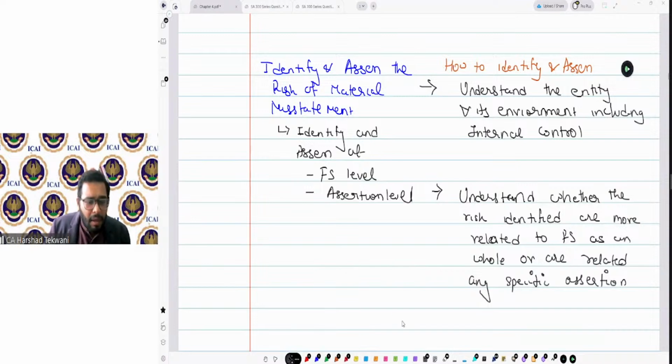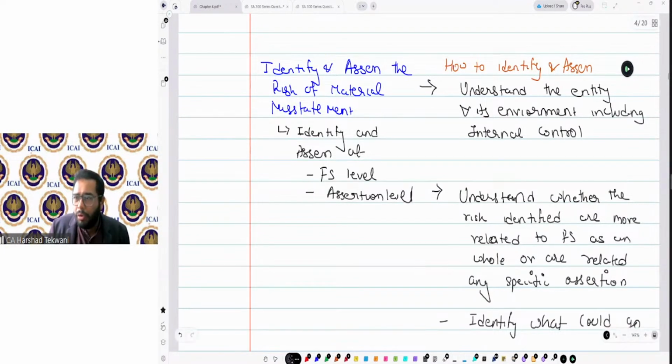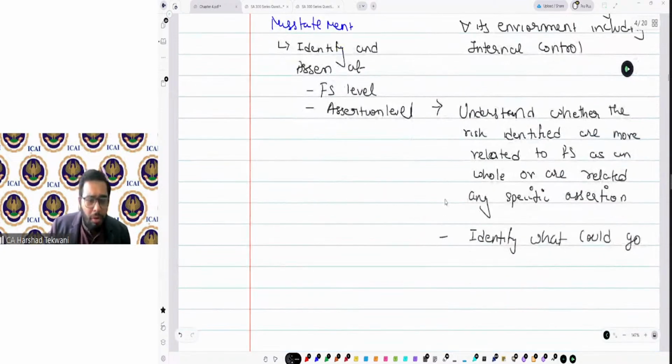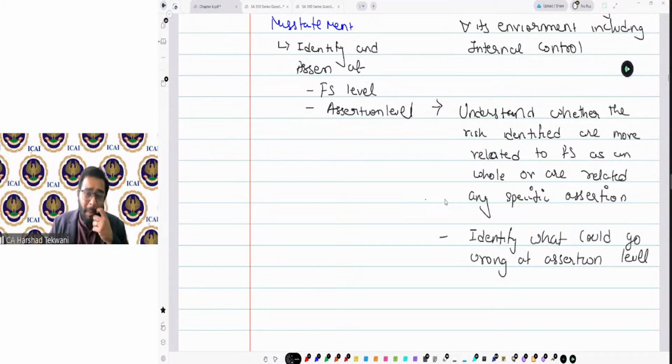Then it says identify what could go wrong at assertion level. What could go wrong at assertion level? Something similar we heard in the last lecture.